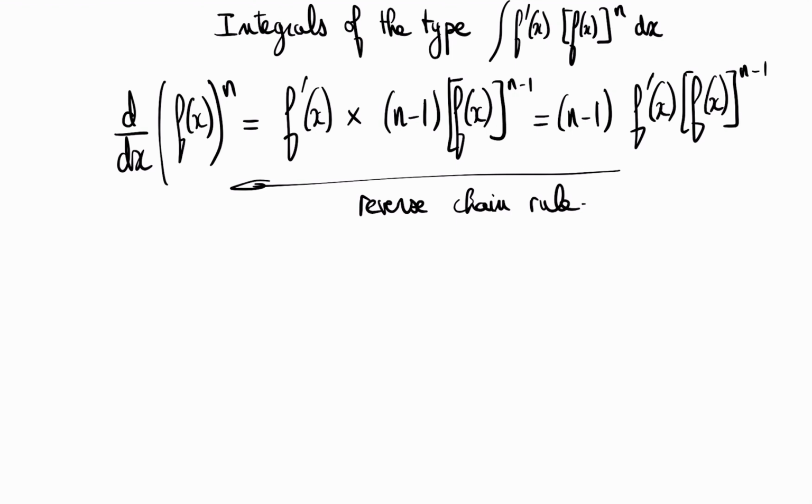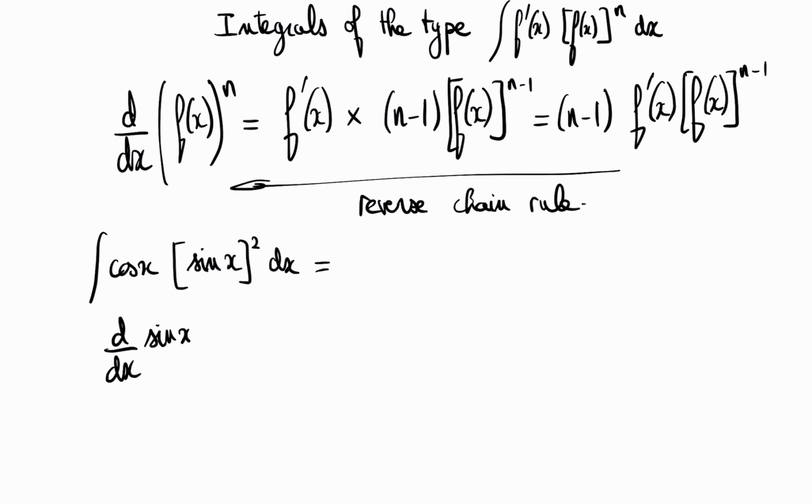Example. Say I want to integrate cosine x times sine x to the power of 2 dx. We know that the derivative of sine x is cosine x.